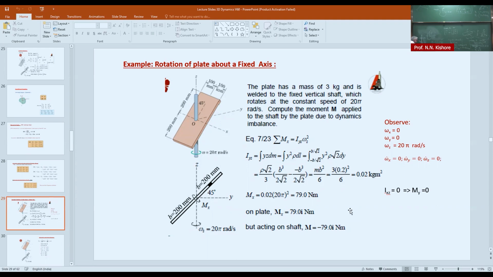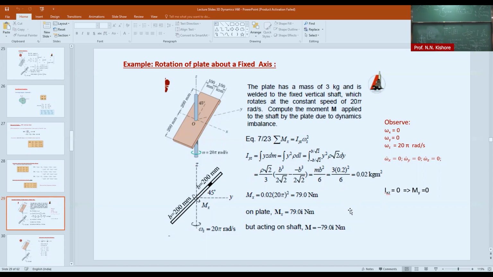So how much is Fy? It is Mx divided by 2h. So if you require a moment of Mx, that is generated by two equal and opposite forces at the two bearings. I call it F, and it is Mx divided by 2h. Is it Fy or Fz or Fx?